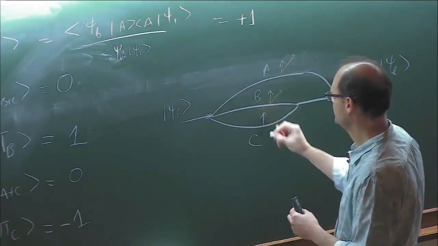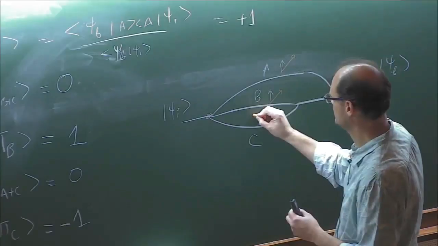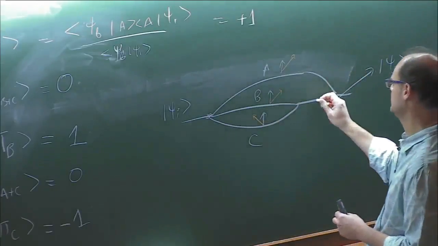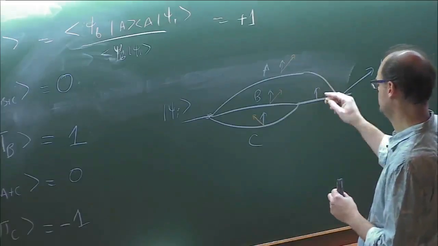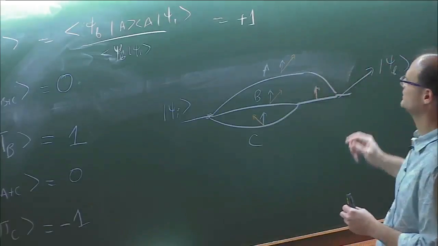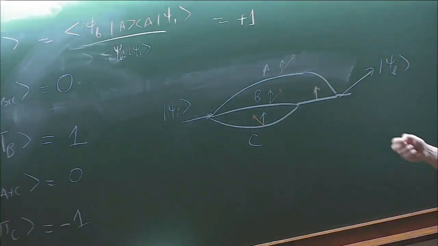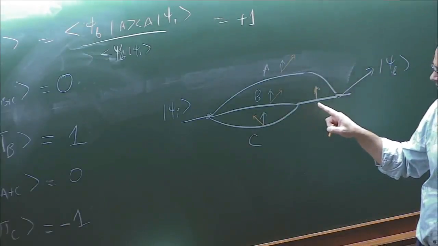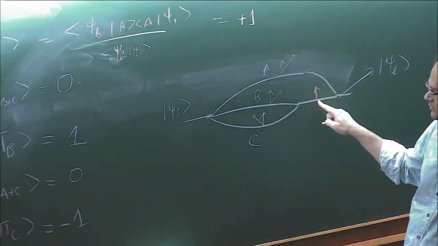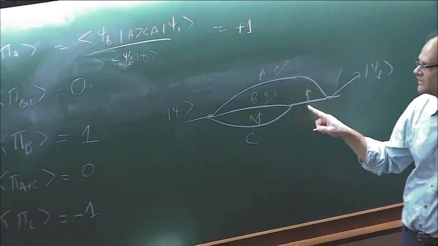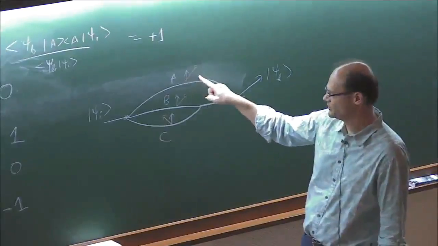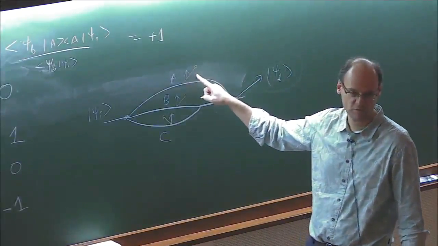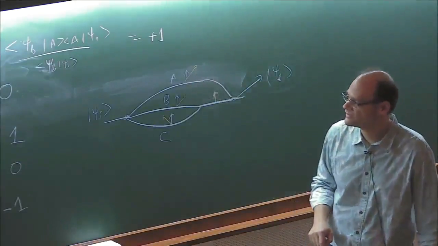On this path, the weak value is -1. But if you just couple a pointer here, the weak value is 0. So the conclusion is that it will not see the particle here. I mean, a pointer coupled to this path at this point will not see the particle. Whereas, systematically, when you reach psi F, in this setup, you will only see the particle in box A. This is what it means.